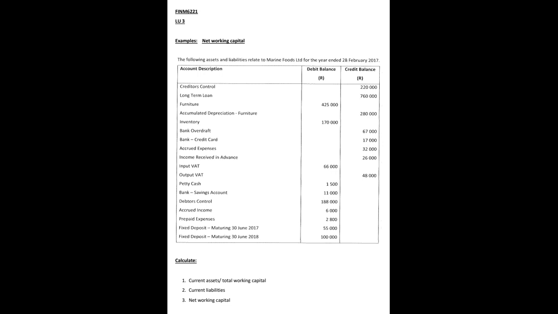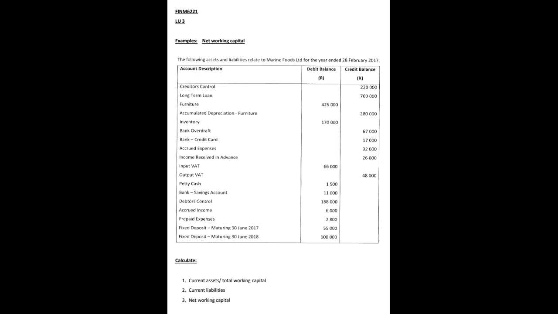The first question is looking at how to calculate net working capital. As you can see, they say that the following assets and liabilities relate to Marine Foods Limited for the year ended Feb 2017, and they've given you a whole host of items mixed up: creditors control, long-term loan, furniture, inventory, and so on.